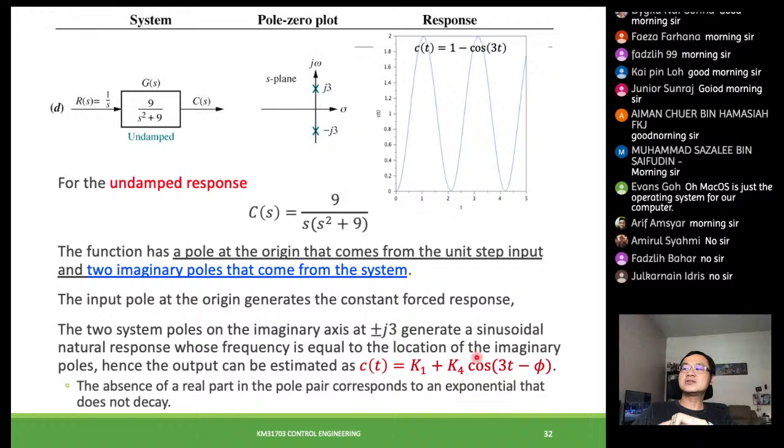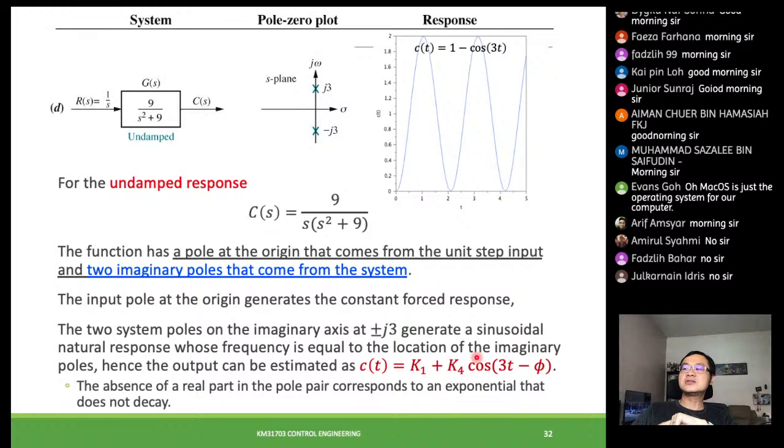The last type of second order response would be the critically damped response. This is where the response is damped at the fastest. The response is the fastest possible and without an overshoot. You don't have overshooting more than the final value, right?